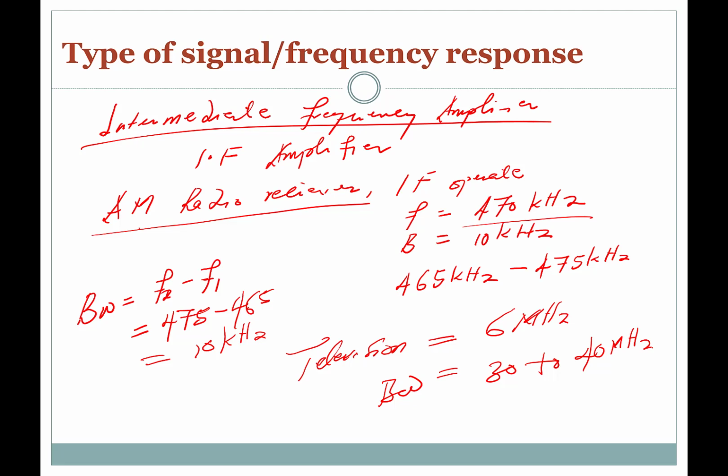Okay, all right. And in radar, it would normally have a bandwidth of 10 megahertz. So usually for intermediate frequency amplifiers, that is their characteristics.